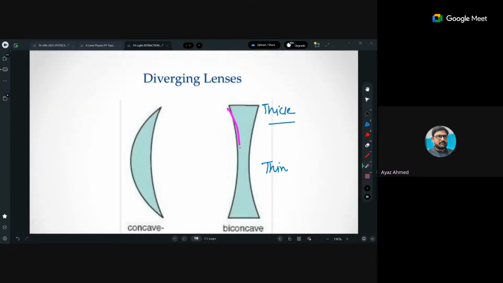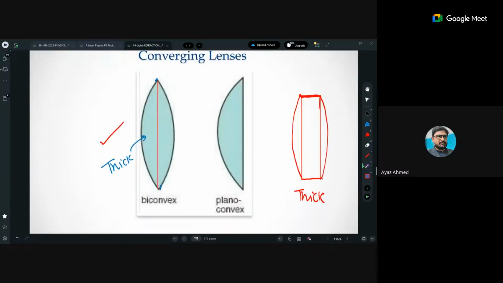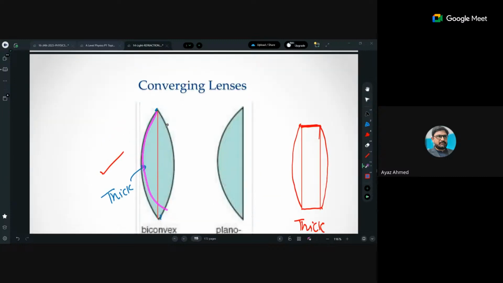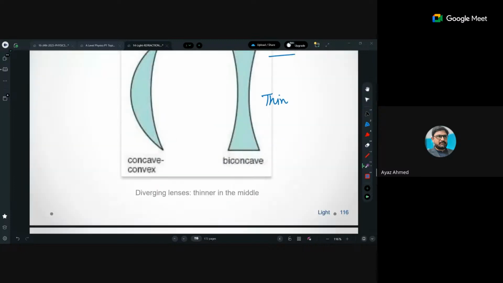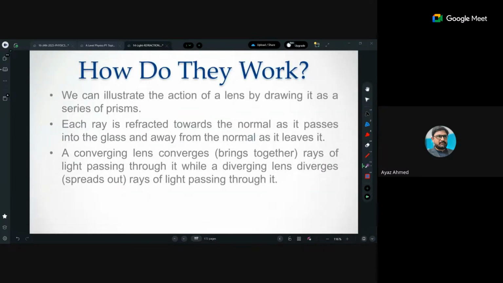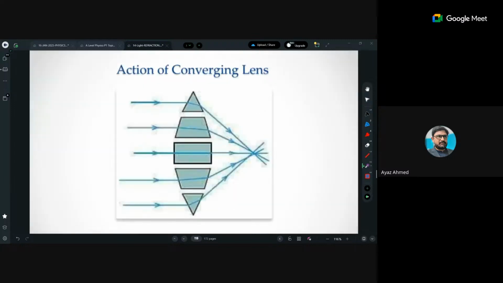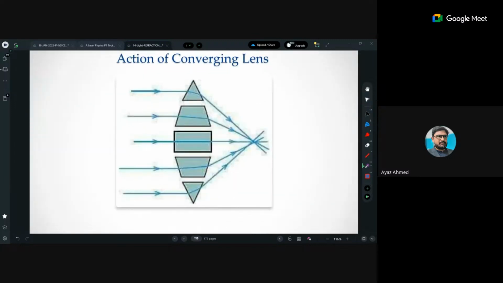It has a variable thickness. Due to that, what will happen? It will bend the light to different extents, at different levels. And when it bends the light at different levels, the lights will be either diverged or converged. So here is that split diagram.